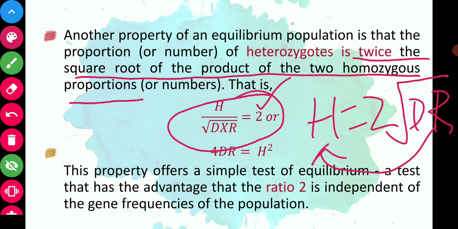Or if you present it another way, if you square both sides, H square is equal to 4.